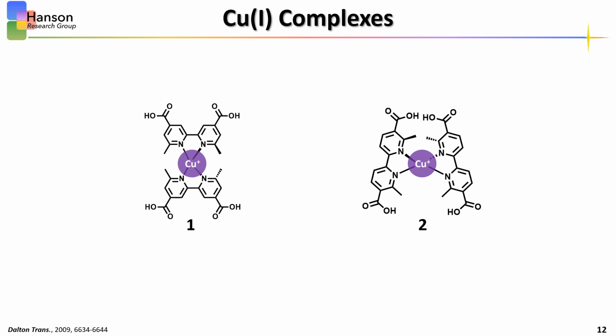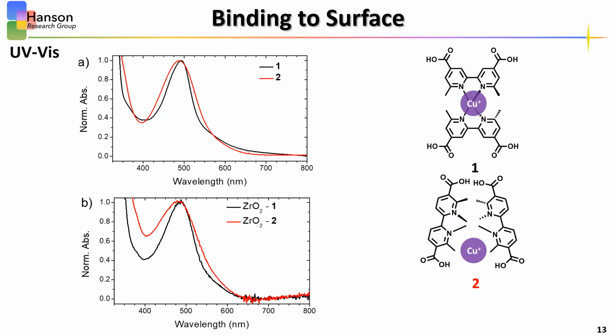For molecule 1, we can see the anchoring group is at the meta position, and because of that, only one of the ligands can bind to the surface, and the other side will still be easily distorted in solution. For complex 2, we can see the carboxyl group is next to the methyl group, and because of this structure, both of the ligands can bind to the surface, which can further inhibit distortion of the molecule.